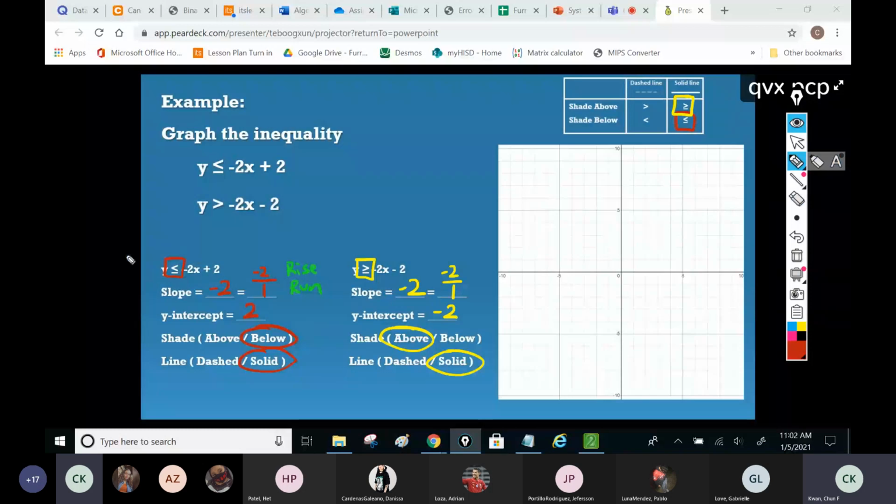Now let's graph both of them. We will start with the first one. The y-intercept is +2, so on the y-axis, find +2. Then the slope is -2/1, so we will drop down 2 units and go across 1 unit, like this.